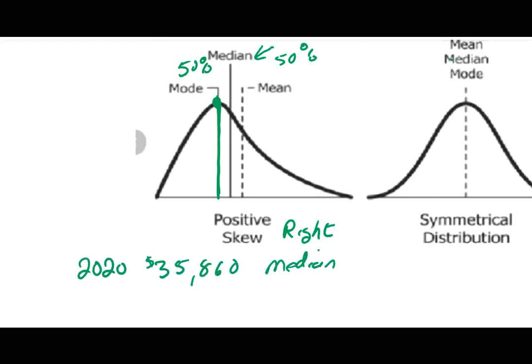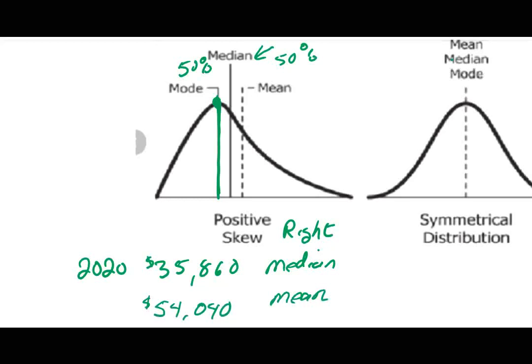But if I take everyone's pay and add it together and divide by my total amount of people, we actually end up with a mean pay of $54,040. So this is almost $20,000 higher. So that's really important.